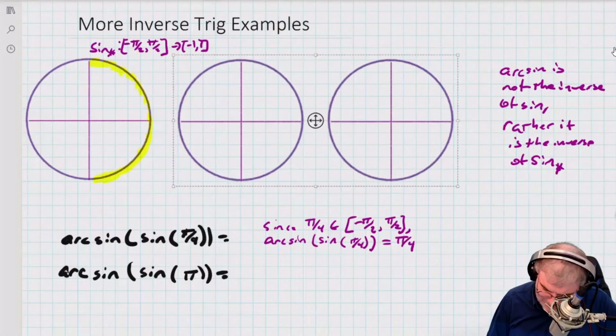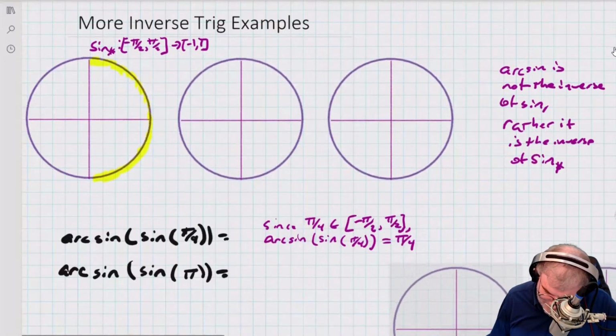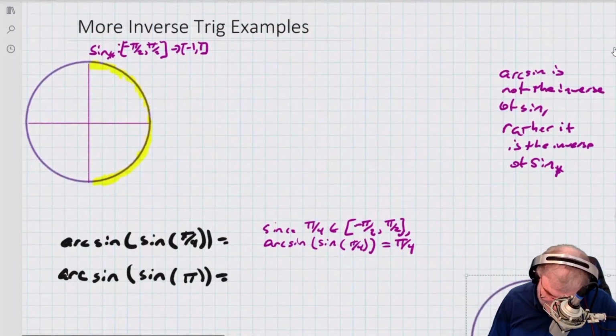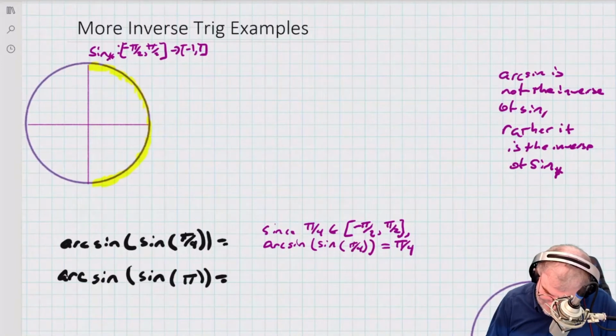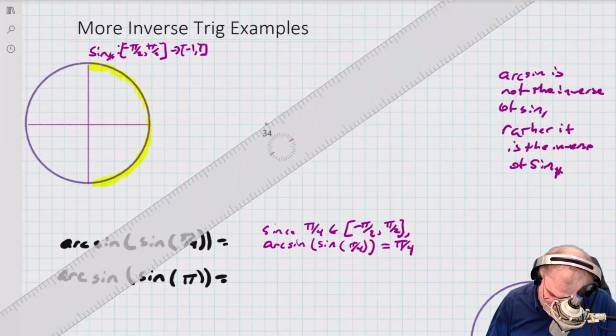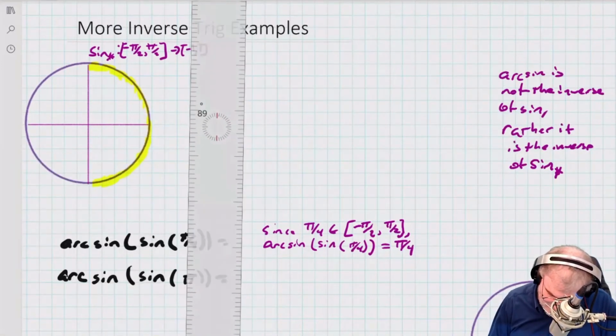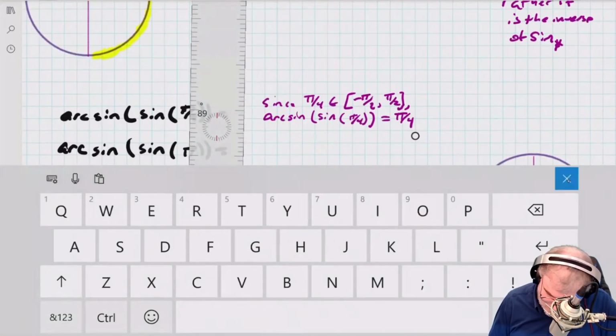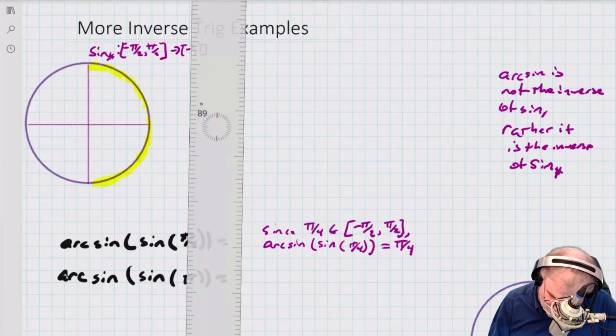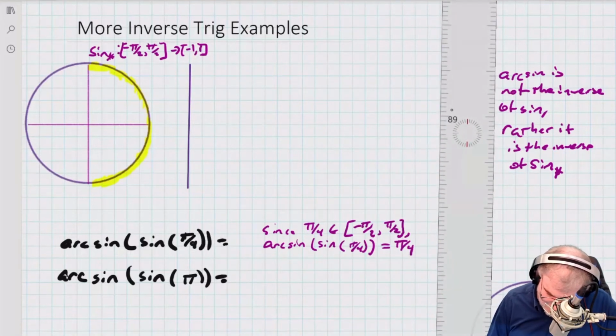Let me move this stuff out of the way here. I'll come back to it in a minute. So what's happening here, okay, this right here is the northiness.